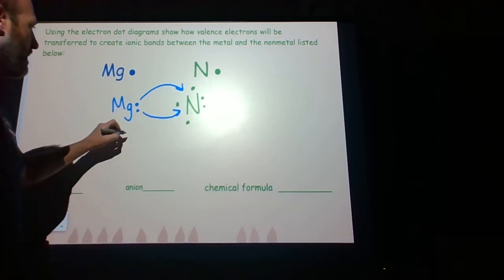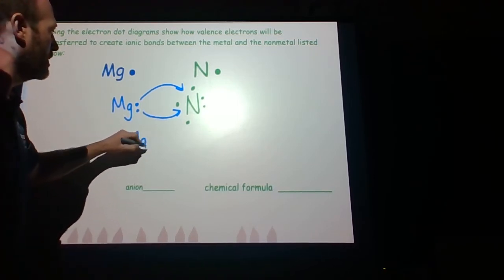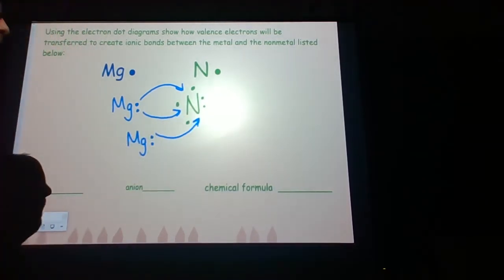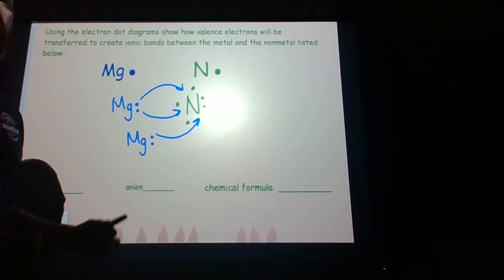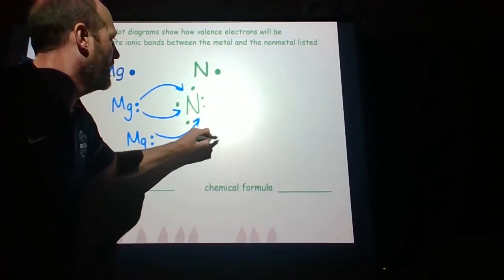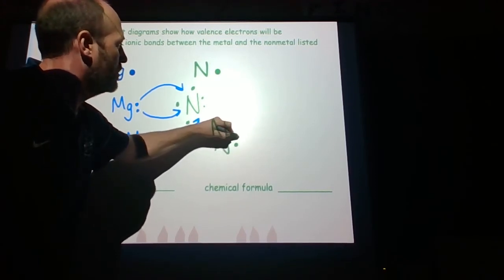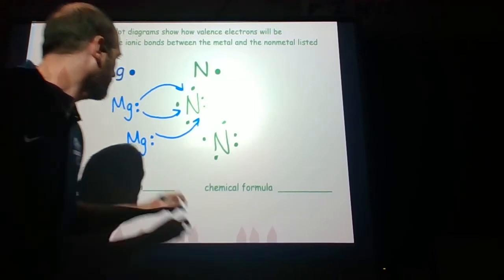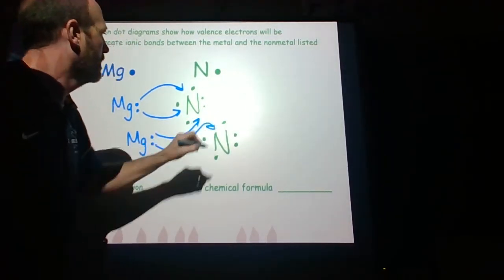No. So we add another Mg. Zoom! But nitrogen's filled. Play the game. We add another N. 1, 2, 3, 4, 5. Zoom.